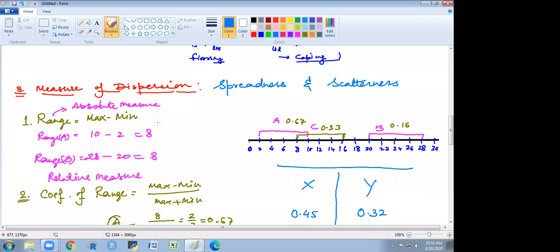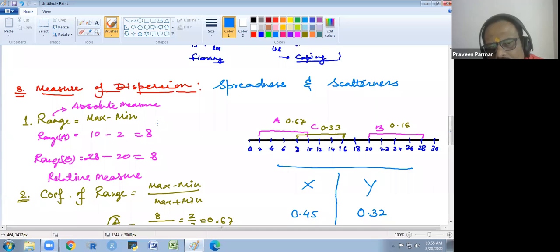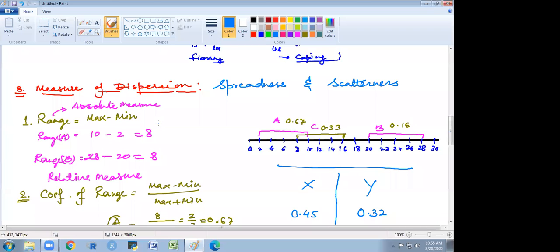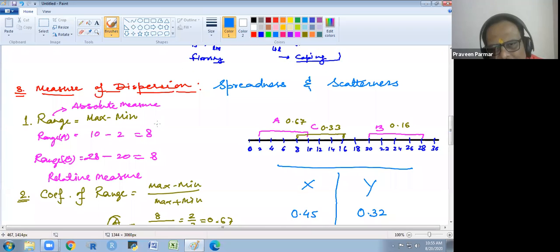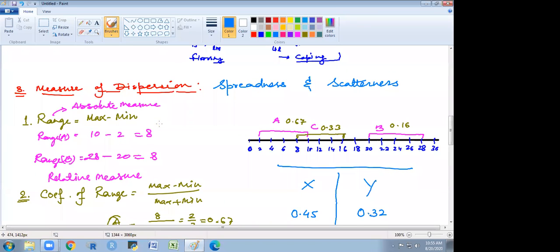But if the ranges are different, then the range is sufficient to compare. Then there is no need to go for the coefficient of range. Range itself says whether this data is more spread or not. Range is itself sufficient to analyze some points.